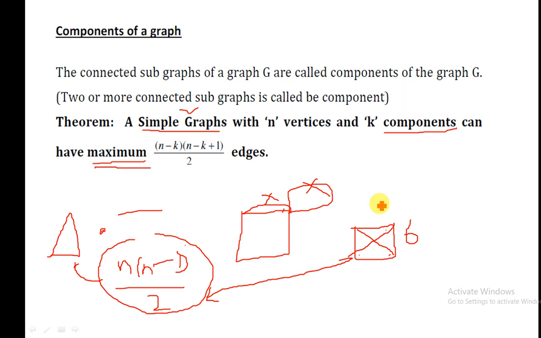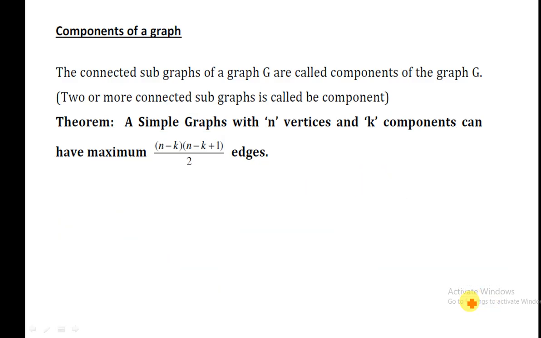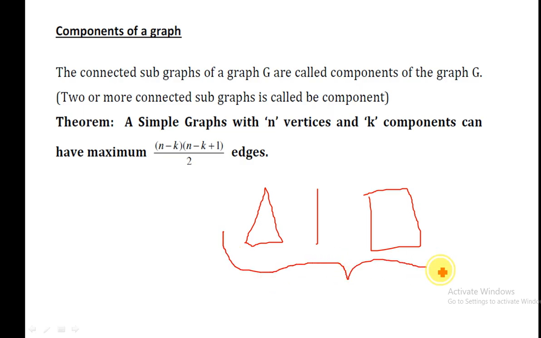So come to the next important topic, that is called component. What is meant by a component? Component is the most important thing for understanding and for a clear concept in this problem, right? If I draw one graph, and I draw another graph, and I draw another graph, all of them together consist of a single graph G. So G is a graph.